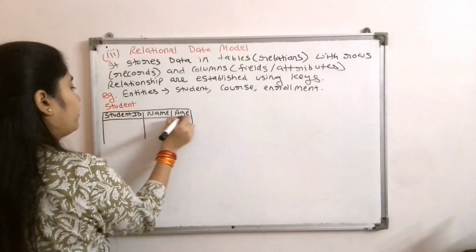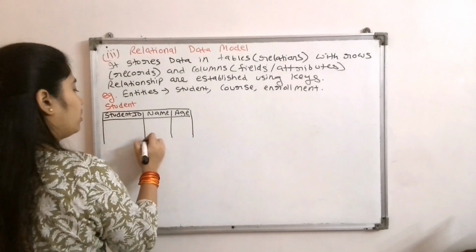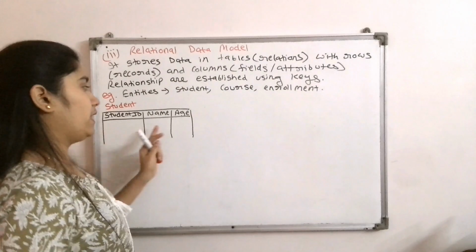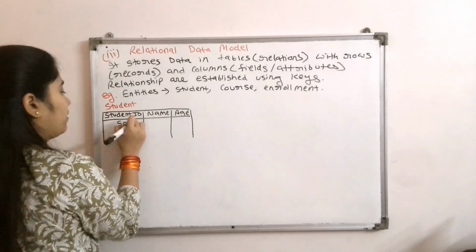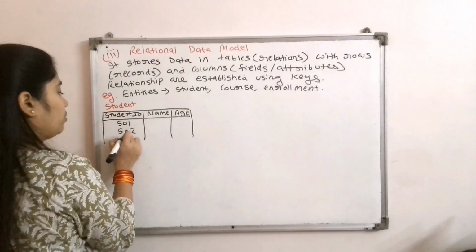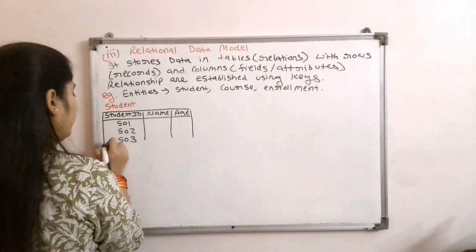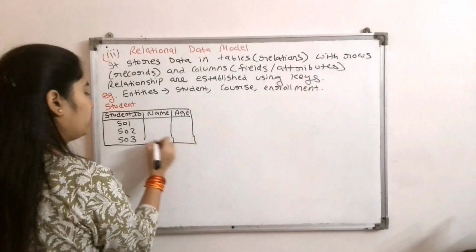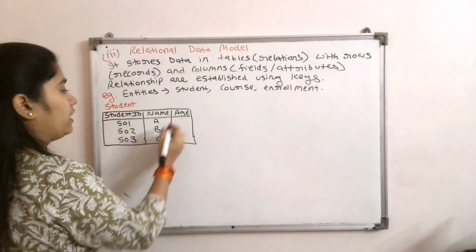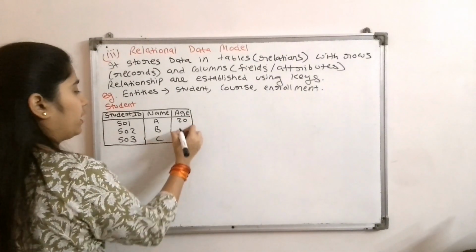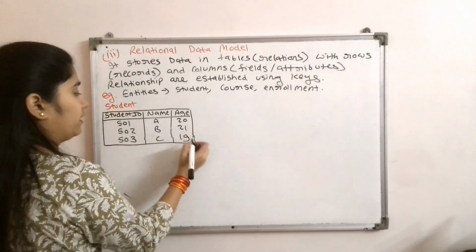See, in the student table, we have three columns or three attributes: student ID, name, and age. Student ID, suppose we have S01, S02, S03, and name, suppose we take three entries only. Name we will take as A, B, and C, and age suppose 20, 21, and 19.